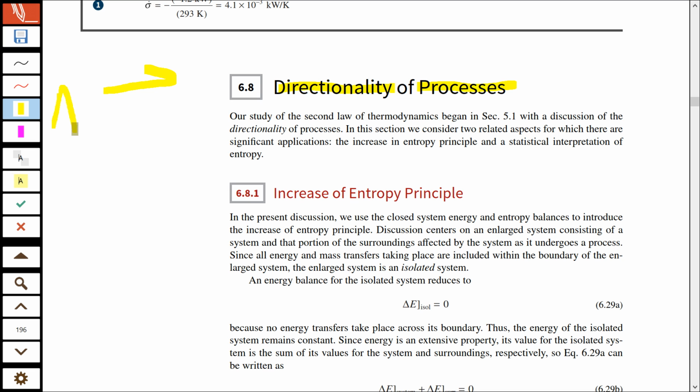Let's say there are reactants and there are products, and this reaction can go from A to B or it can go from B to A. So which of these two directions is dominant is something which we want to discuss here. And this is just one example. There are many other processes for which you would like to know the directionality. And for that we need the increasing entropy principle.